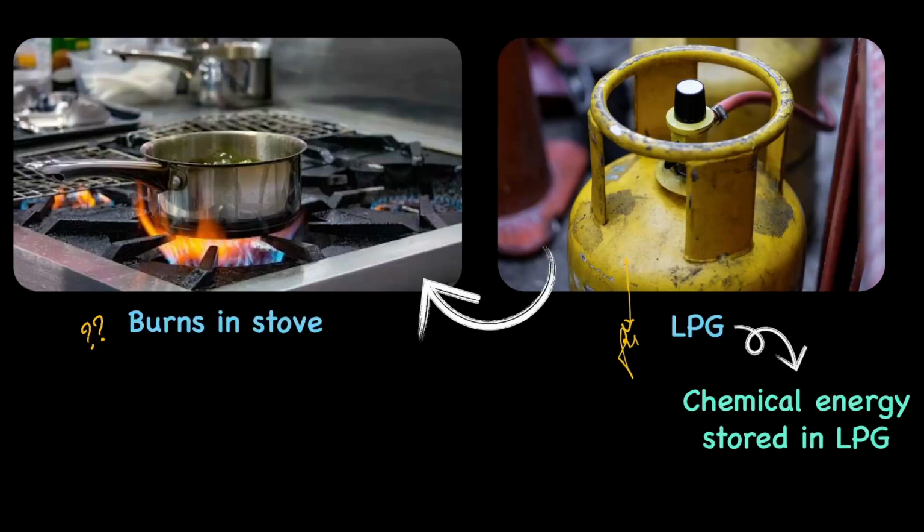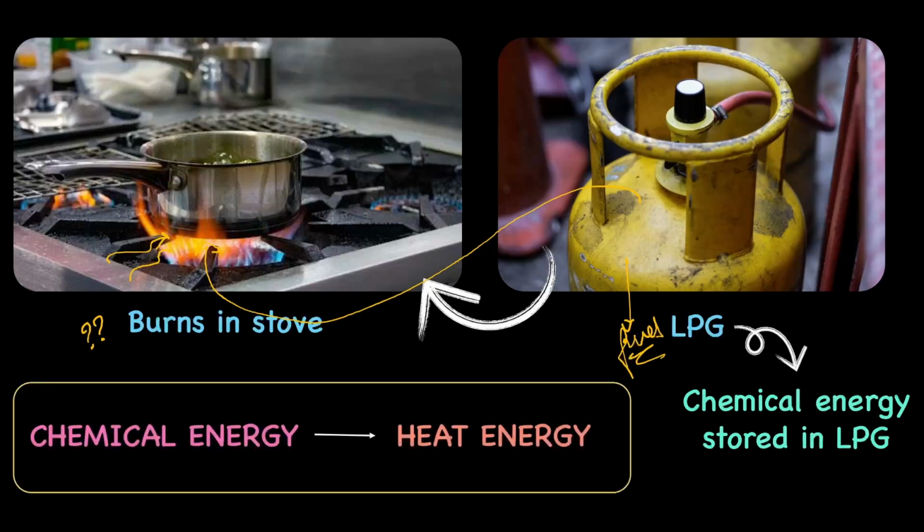So when you turn your stove on, all this chemical rushes here. And then when you provide a heat source to it, we see that chemical energy gets converted to heat energy. It's the same idea behind burning a firecracker, burning wood, or even car engines. So when something burns, it's chemical energy being converted into heat.